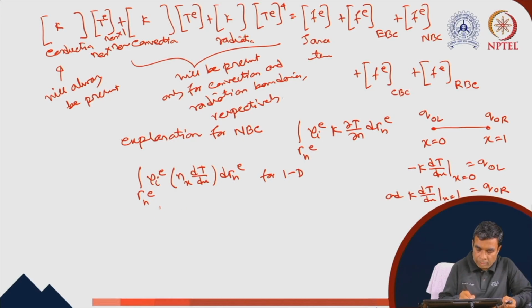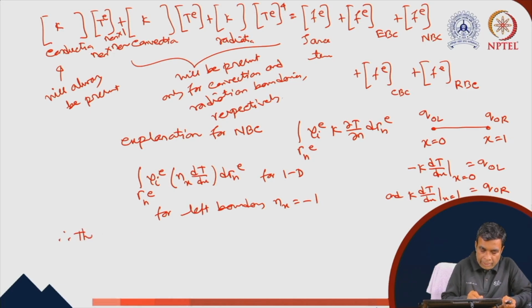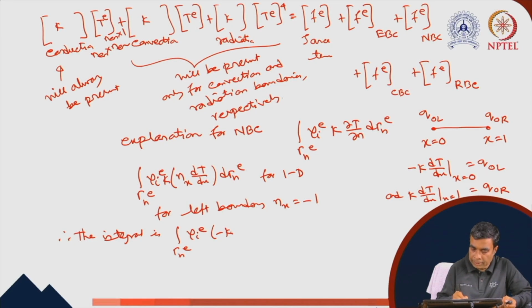Now, for left boundary, n_x will be minus 1. So, the integral is integration over Γ_h^e ψ_i^e into minus k dT/dx into dΓ_h^e.